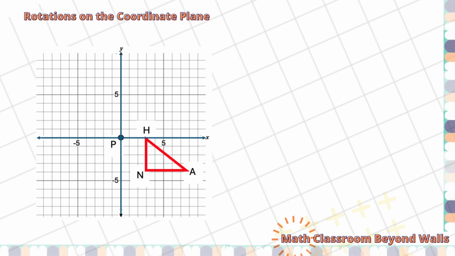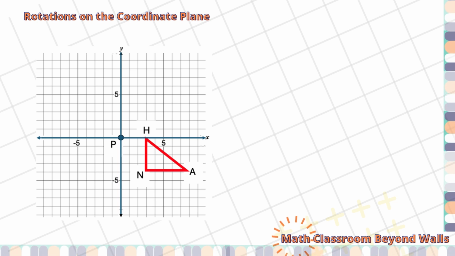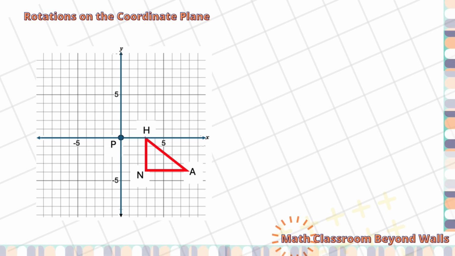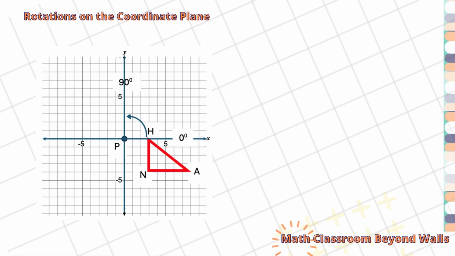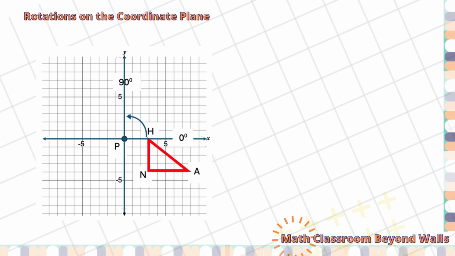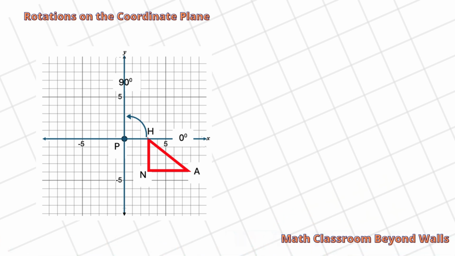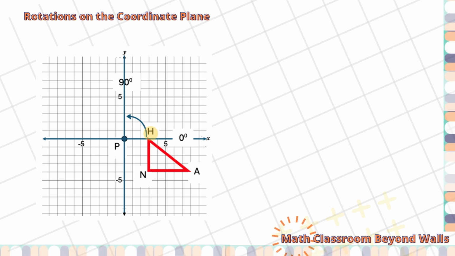Let us put triangle ANH on the coordinate plane. Here, we will examine what happened to the coordinates of the corresponding vertices as triangle ANH is rotated 90 degrees counterclockwise to form triangle A'N'H'. Look at where point H is before the rotation.